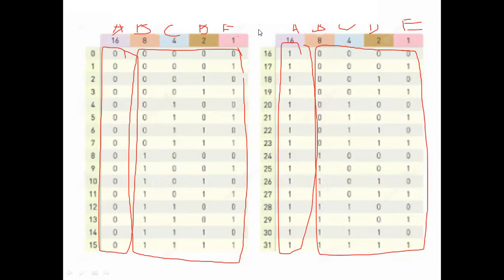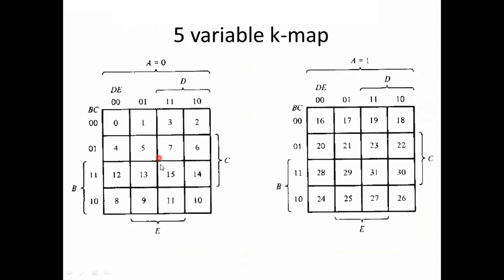So if you draw the K-map for the 5 variables, see the 5 variable K-map. Here A equal to 0, here A equal to 1. Next to A we are taking BC, DE. BC on this side, DE we will take on another side. The combinations are 0 0 0 1 1 1 1 0.